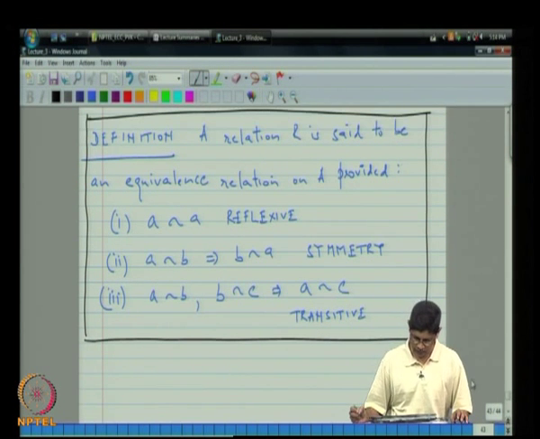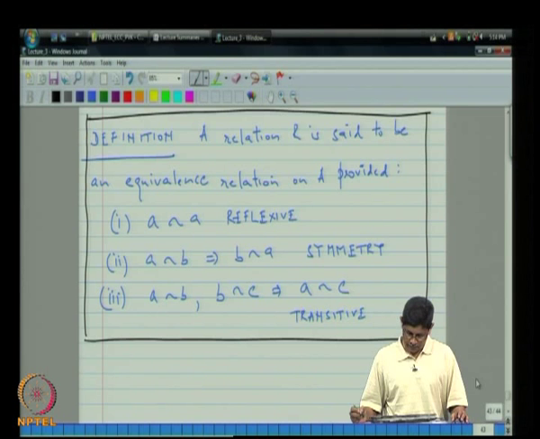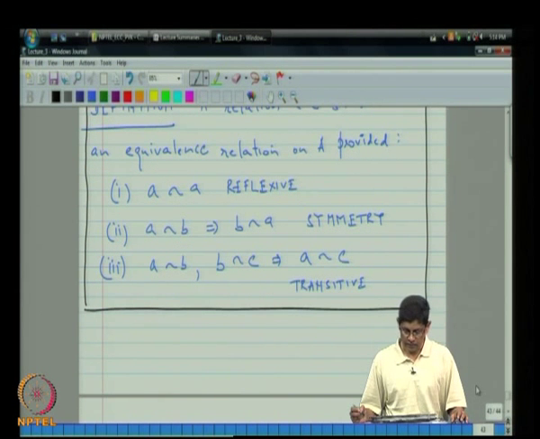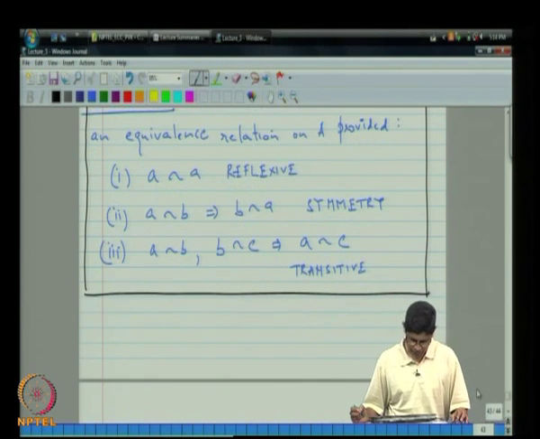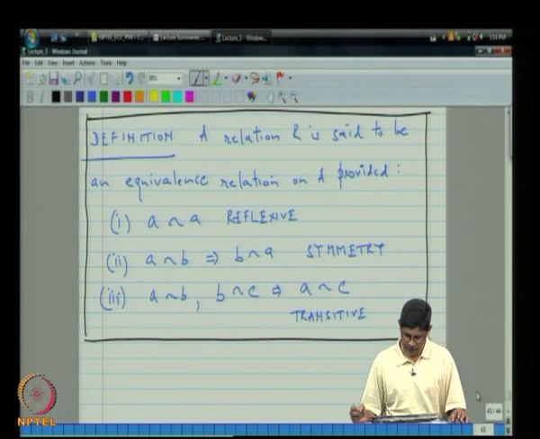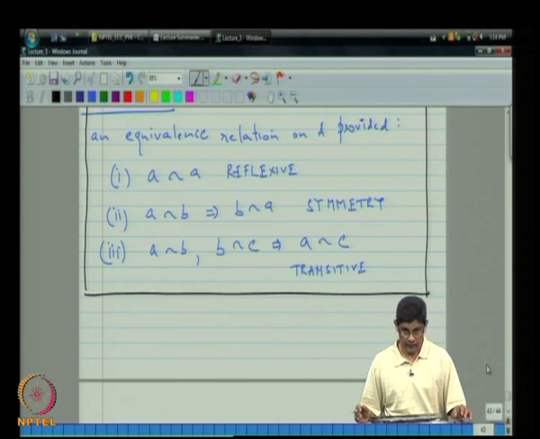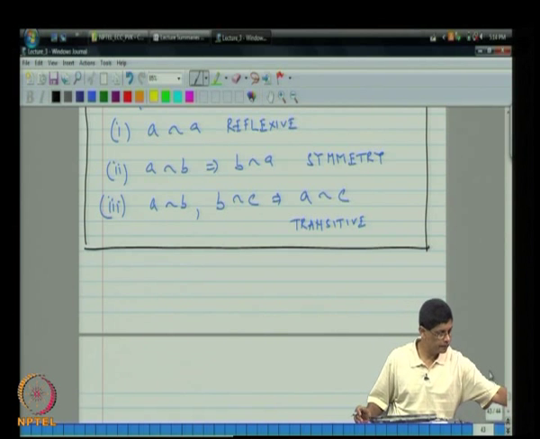And we will look at some examples very soon. So, now we are ready to make the claim that I had stated earlier.